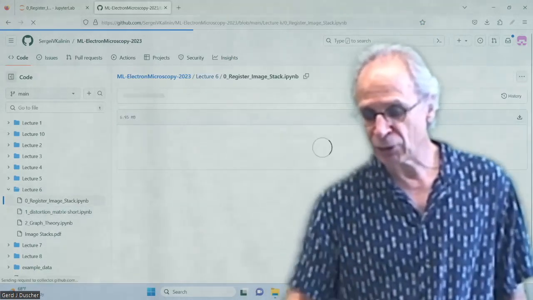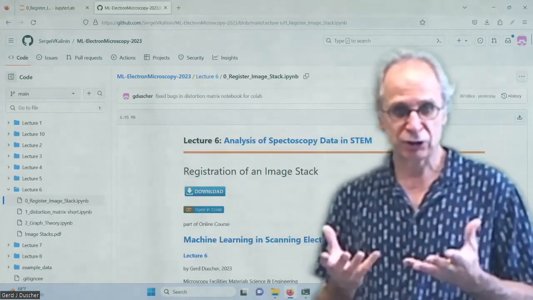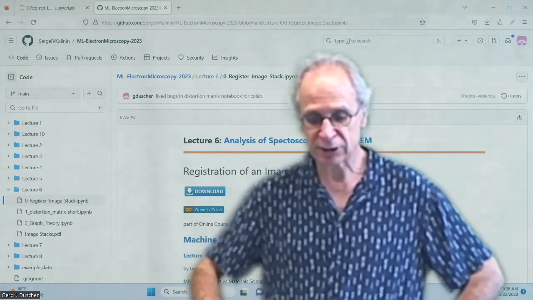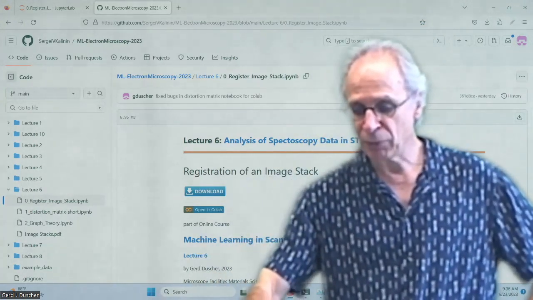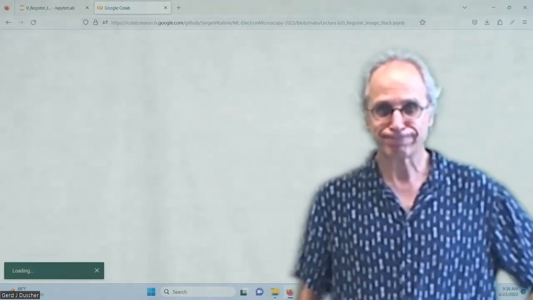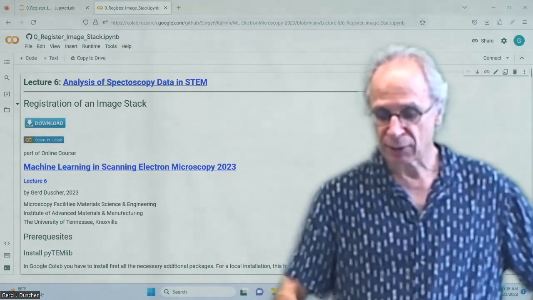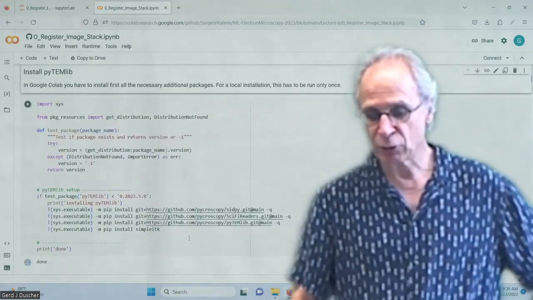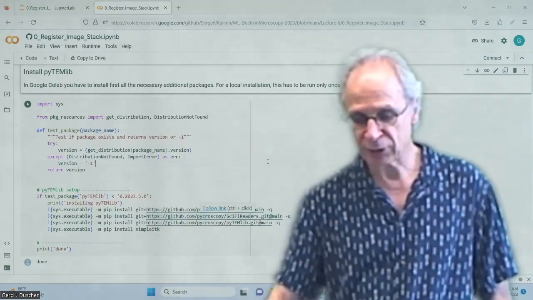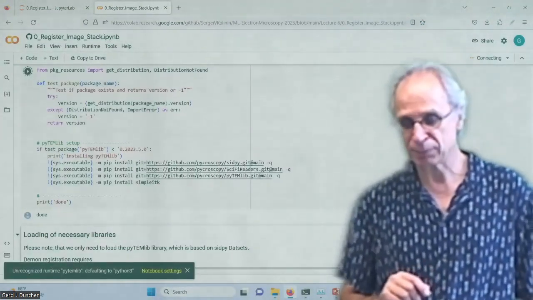So if we use the first one, the first step is to register your image stack. That works on any kind of stack, as long as it's stable enough. And if you open that in Colab, then what you have to do is, as usual, load all the different packages.